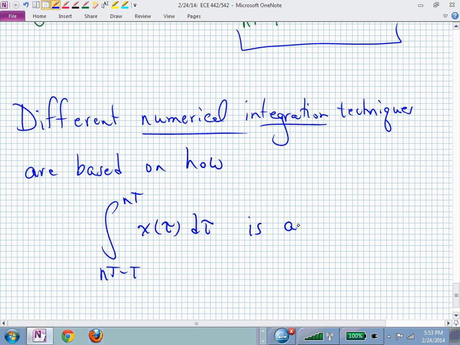However, how do we approximate that? And how that's approximated will influence these different numerical integration techniques, which are just discrete equivalents.